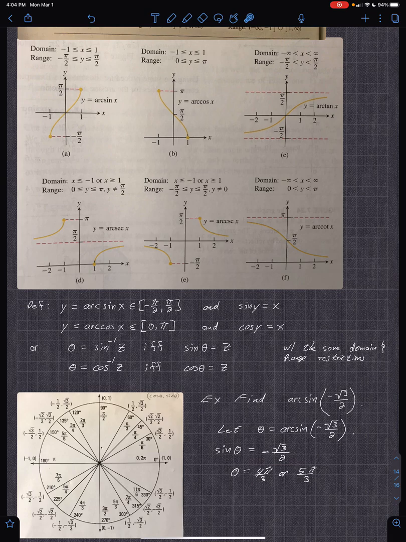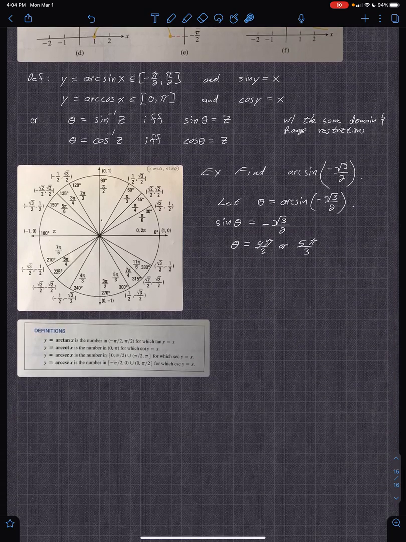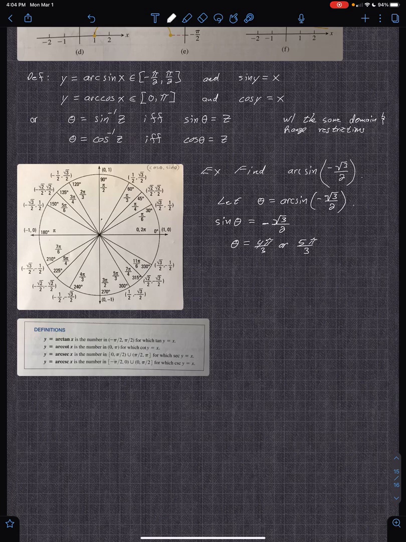Basically you have to use negative angles. That's what you end up doing.